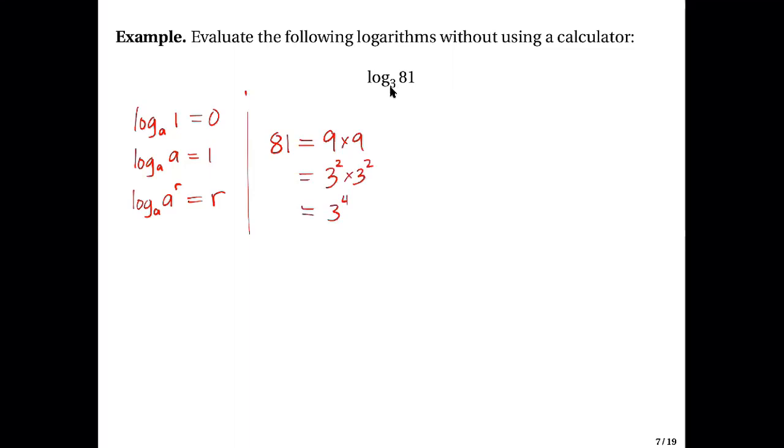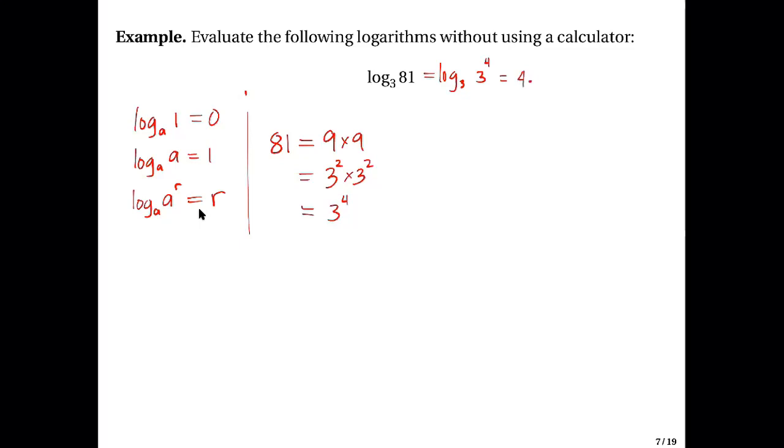Which means log 81 base 3 can be written as log of 3 to the 4 base 3. And now we use this property. This is simply equal to 4.